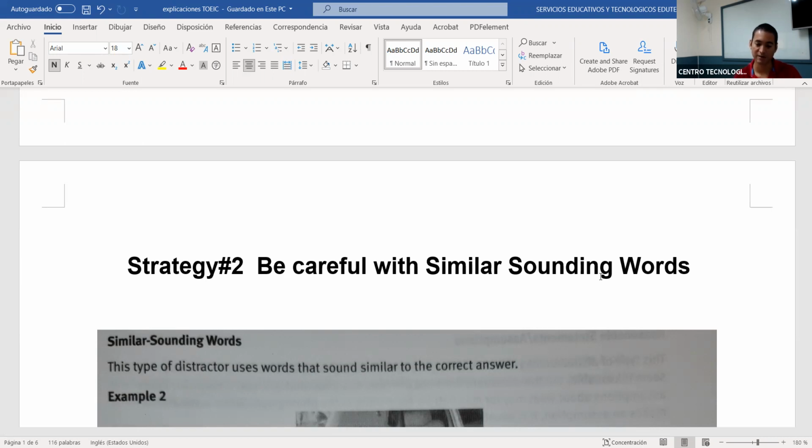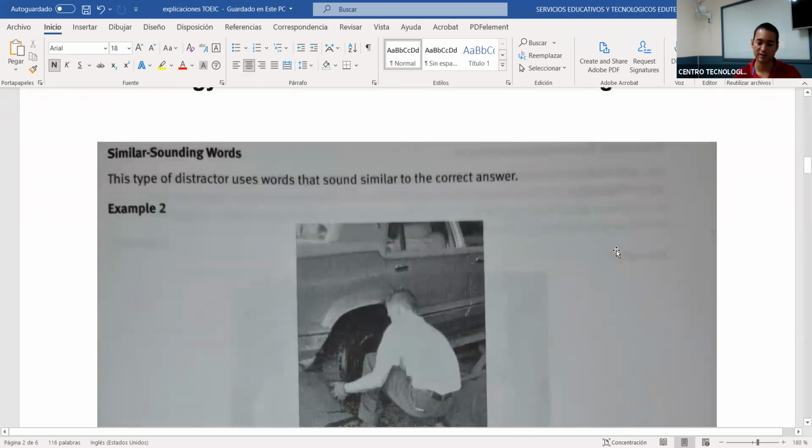So in this case, they're going to use similar sounding words to see if you really understood the text. So the strategy here is: don't get tricked when you have similar sounding words. They will use similar sounds in the sentence.